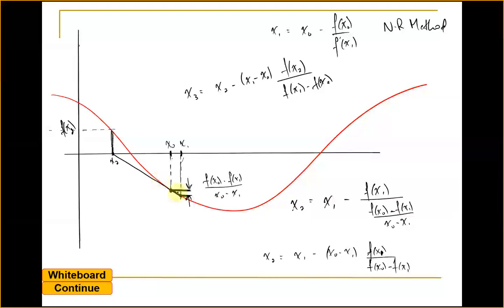It's similar to false position because it uses two values and extrapolates to where the function goes to 0, but it's not similar in that false position always closes your bound. Secant doesn't close your bound. Secant always just disregards the second to last one and keeps going. Wherever it carries you, that's where you go.